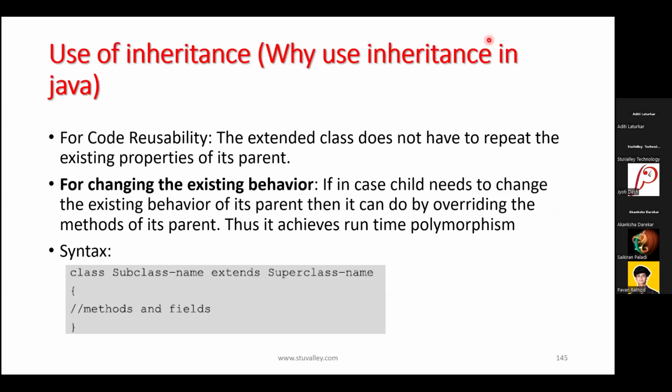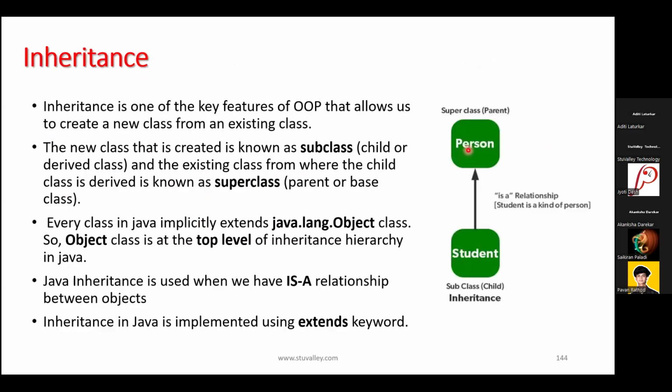Now, next is use of inheritance. Why do we use inheritance in Java? What is the importance of using inheritance in Java? Okay. First of all, it is for code reusability. Code reusability is the main feature where the extended class does not have to repeat the existing properties of its parent. What is meant by the existing properties of the parent? Suppose this is a person class. I am defining some name field, address field, then some mobile number fields, etc. into this person class.